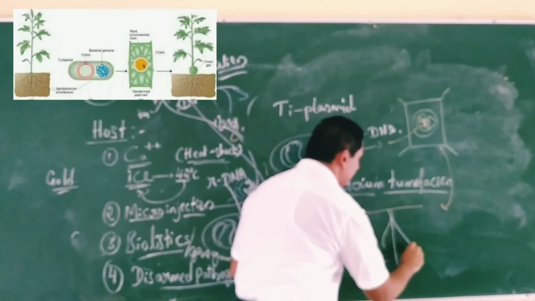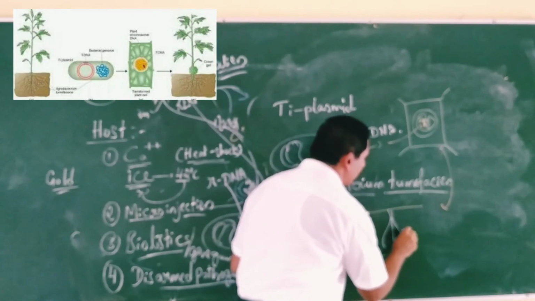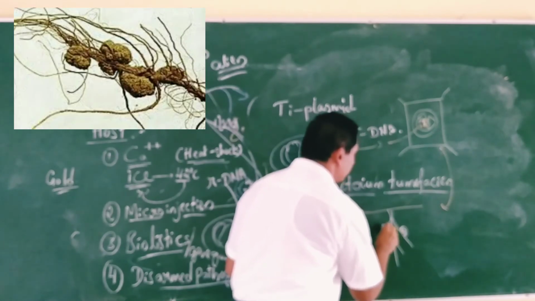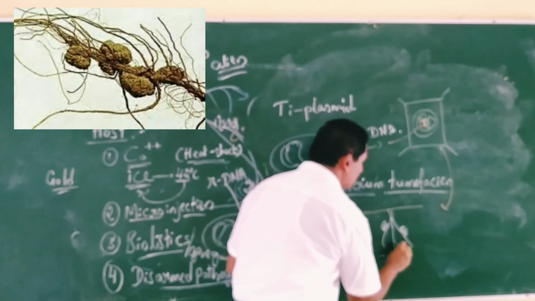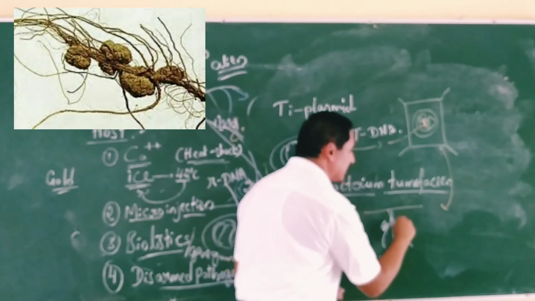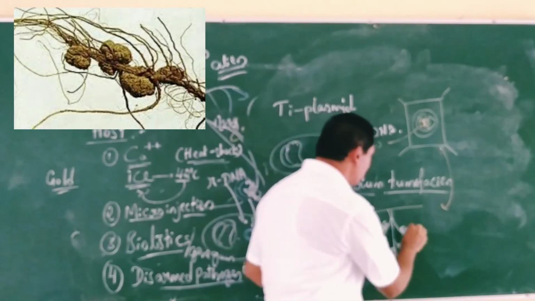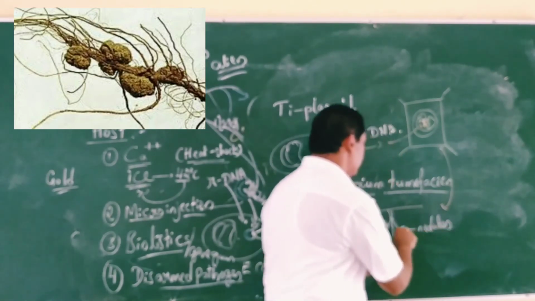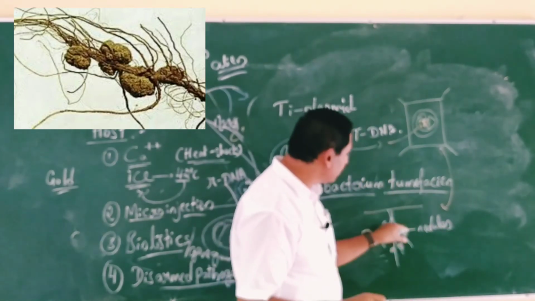The cells go on dividing and that forms the tumor. In a large number of crop plants it produces nodules in the root. A tumor is formed by the division of cells.